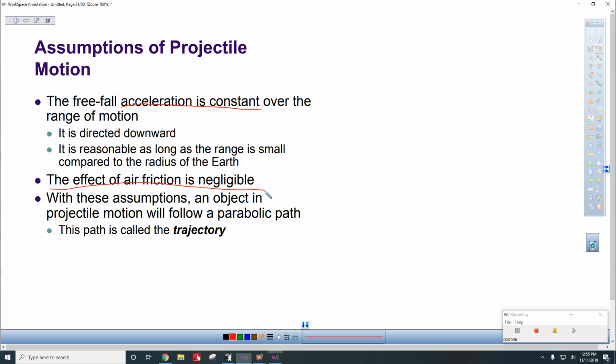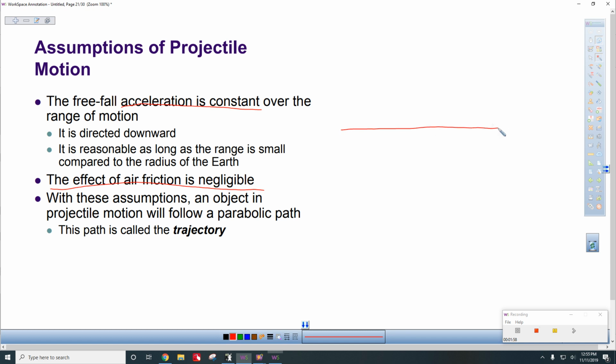You can think about air friction as when a material provides drag due to the air, then it slows that object down and changes its path.